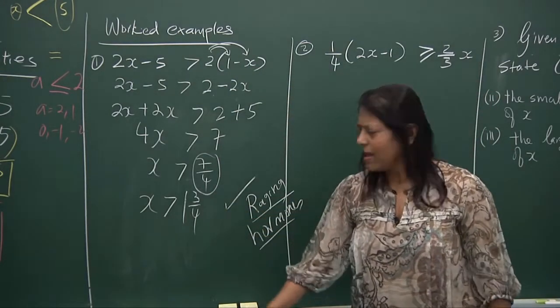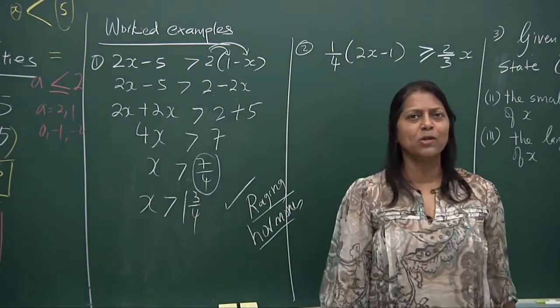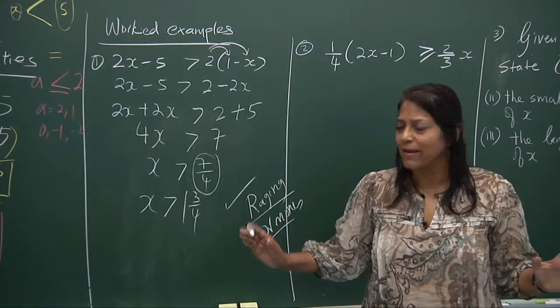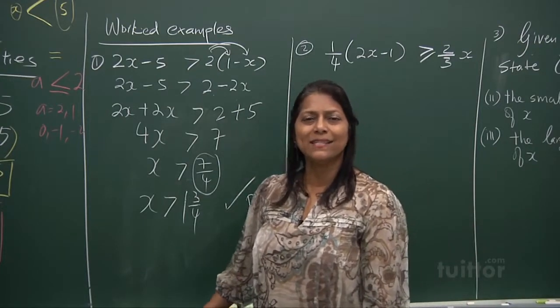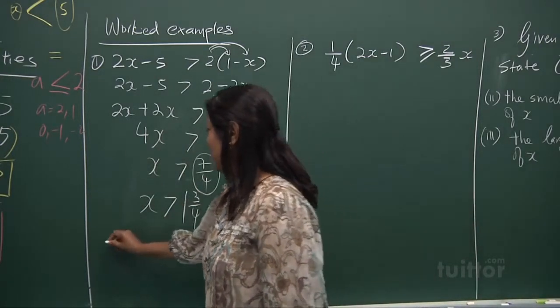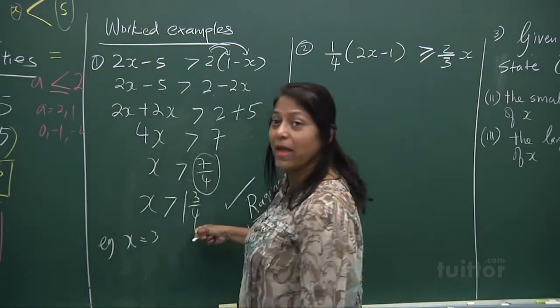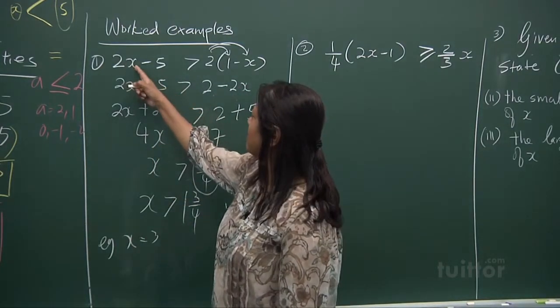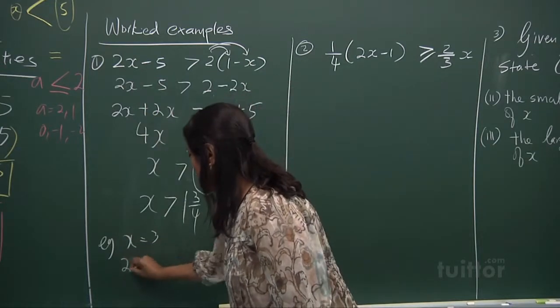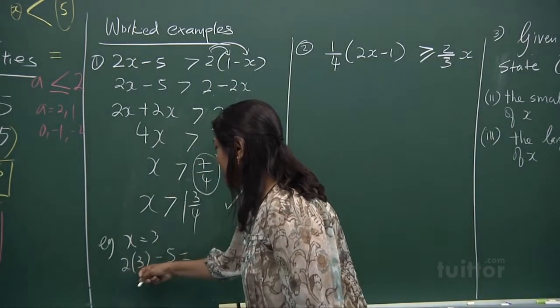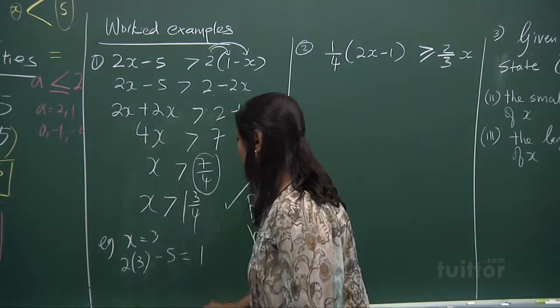She says x must be more than 1 3/4. I say, fine, let's put an example. Test it. Take x as 3, bigger than that, right? So 2 times 3 minus 5: 6 take away 5, I get a 1.